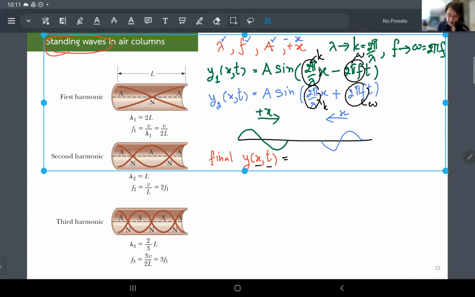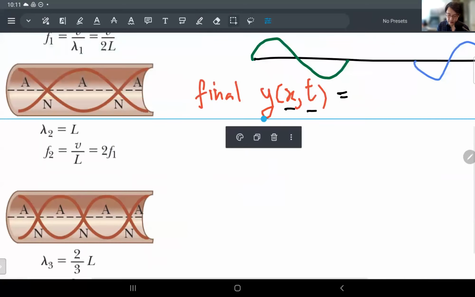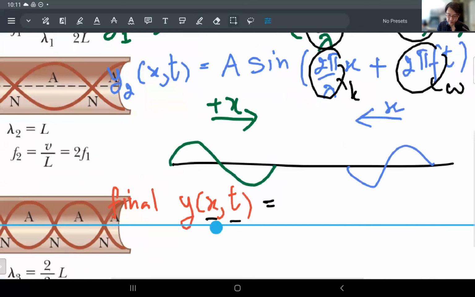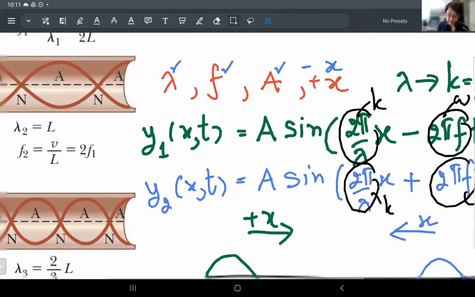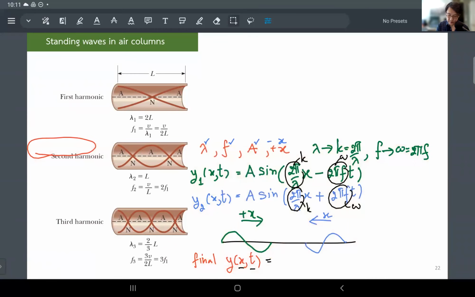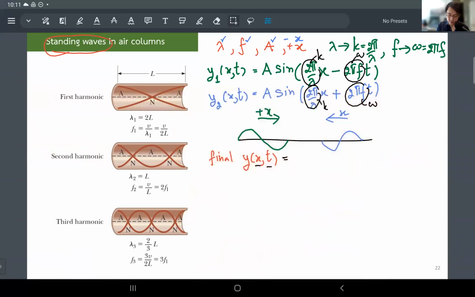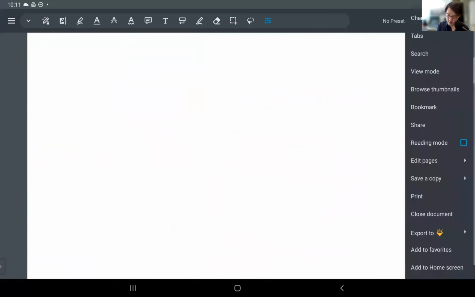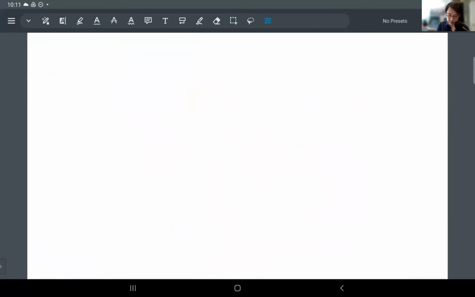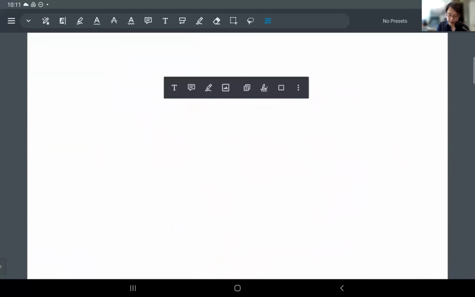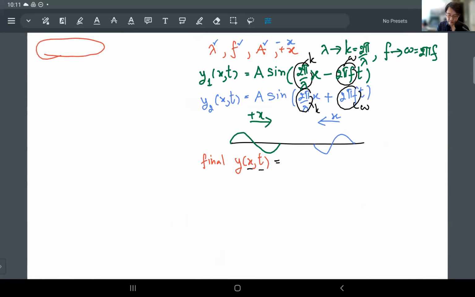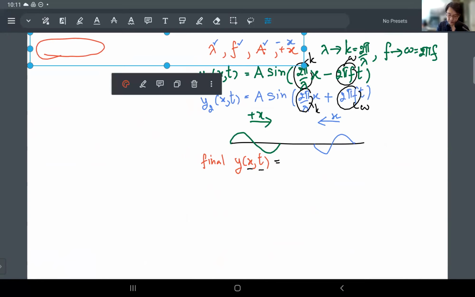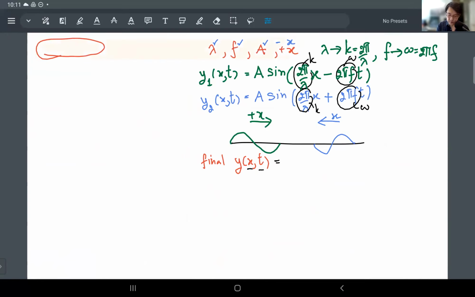Copy. Paste. There you go. All right, just leave it there.